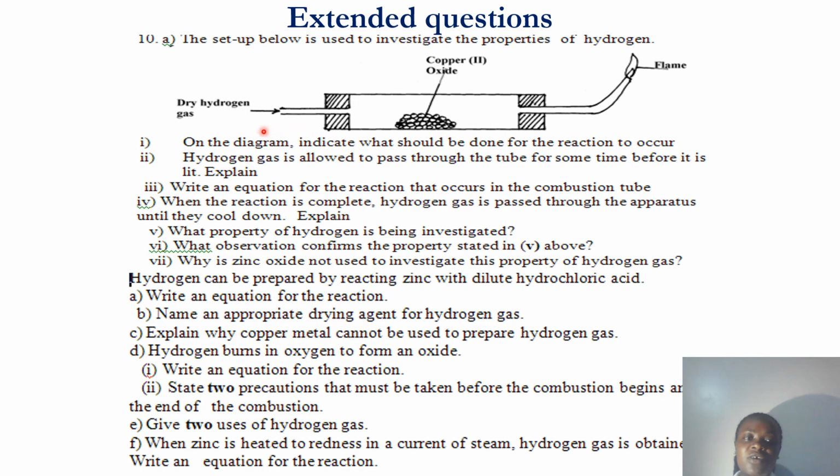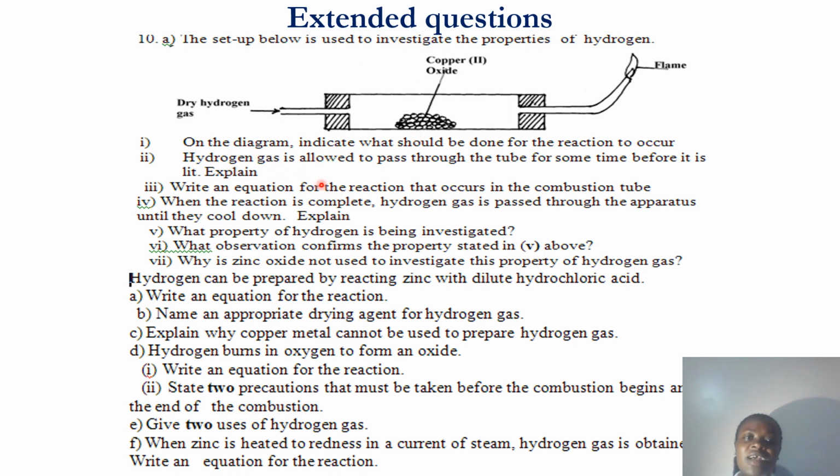So we are told on the diagram, indicate what should be done for the reaction to occur. So what is missing here is the supply of heat. So there should be supply of heat here to make copper 2 oxide reactive.